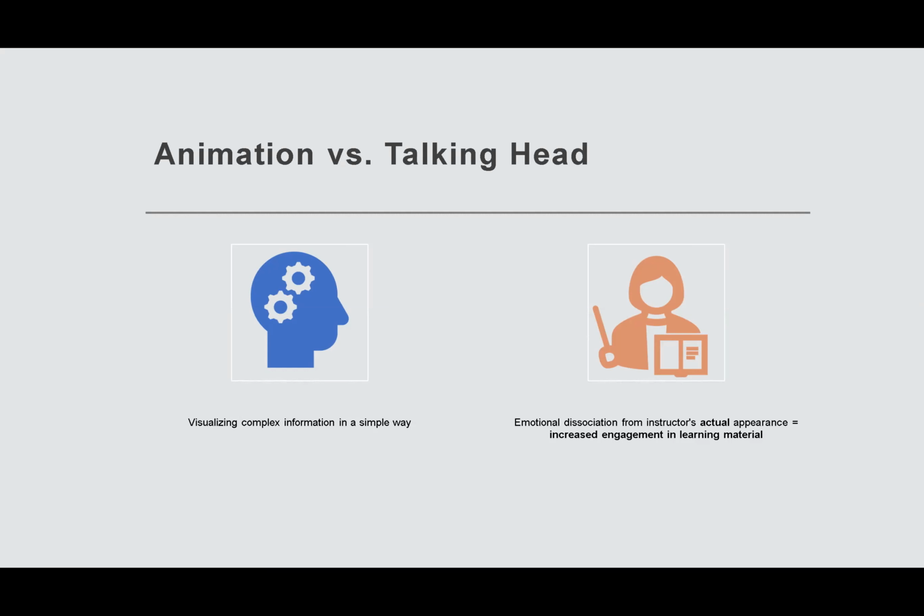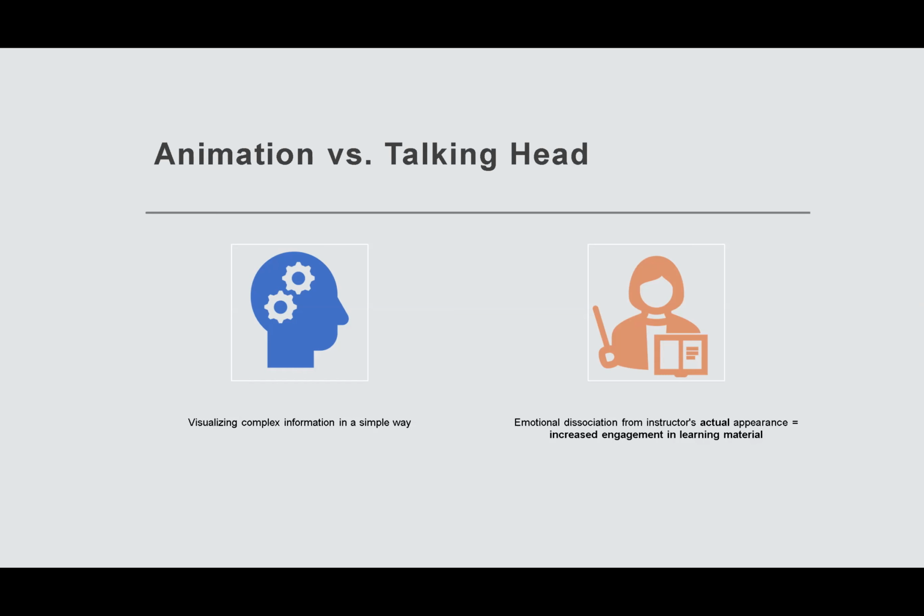Now here's the other thing, and you're going to say it first: well, wait a minute, Debbie, you were just talking about how affective association is important, and now it seems like you're saying something different here. When you have animation versus the floating talking head, there is an emotional disassociation from the instructor's actual appearance and an increased engagement in learning material.